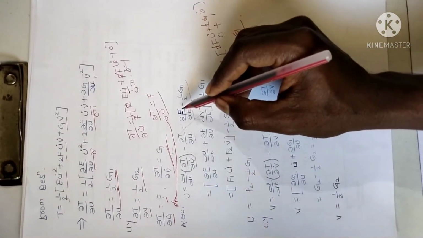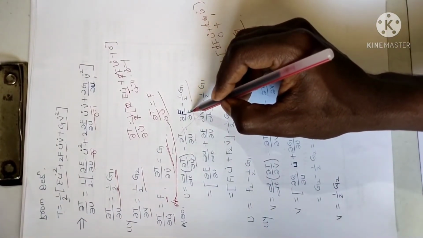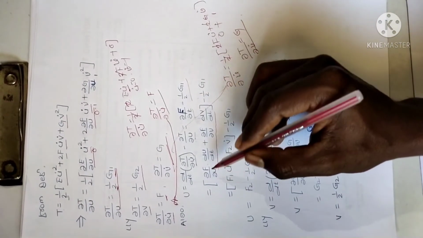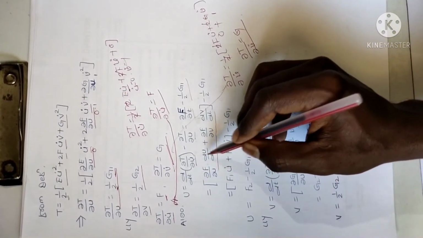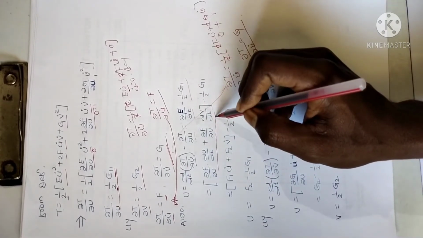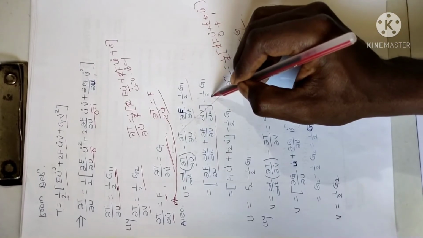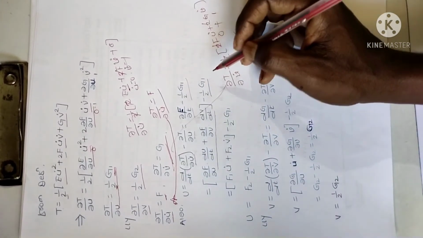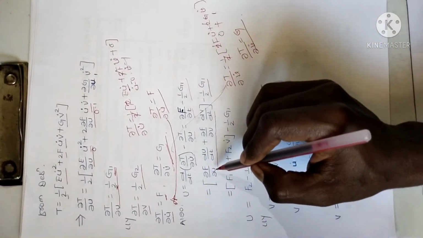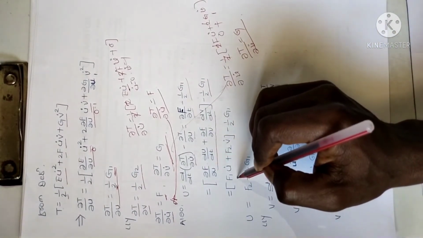Again dF/dt you can write this way, applying the chain rule: ∂F/∂u into du/dt plus ∂F/∂v into dv/dt, minus half of G1.